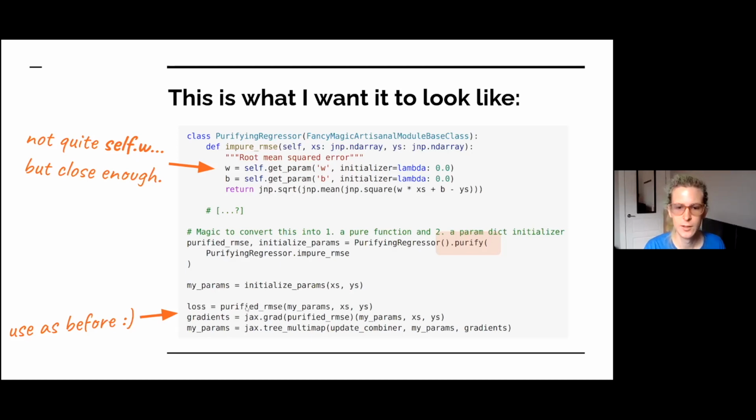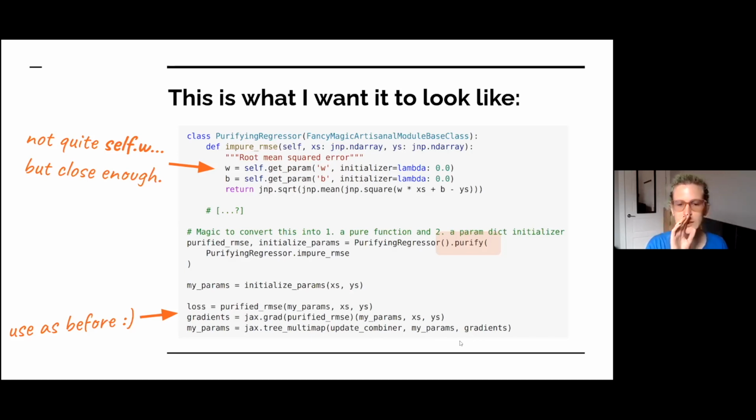We use it as normal. So this is great. And down here, skipping the magic bit in the middle for a second, what we want is to be able to get initial parameters without having to write them out like we did before. And we want to be able to use those parameters to call this purified function, get its gradients, and update as before.